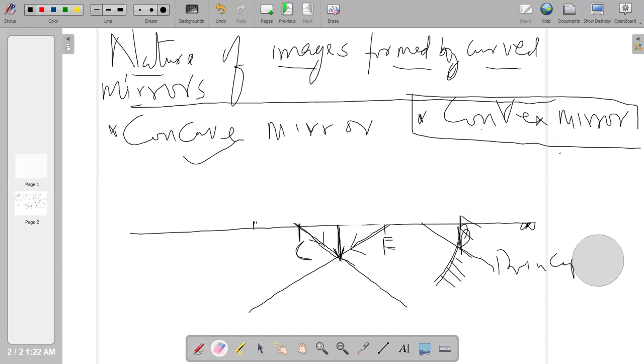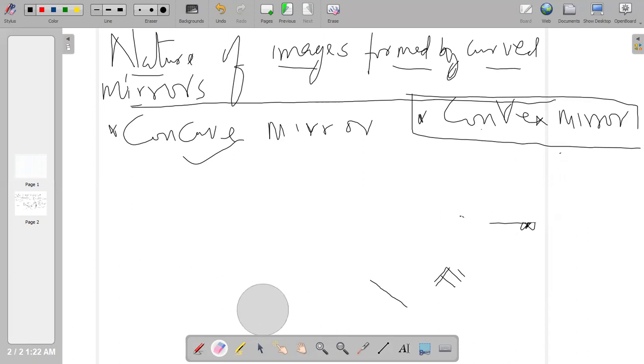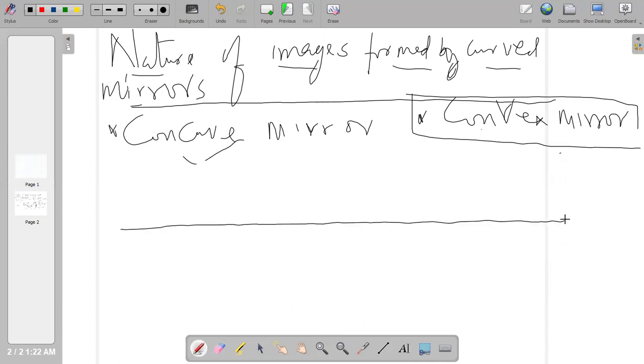By the way, the center of curvature is the center of the sphere from which the mirror was cut. Now the object has moved to this point.